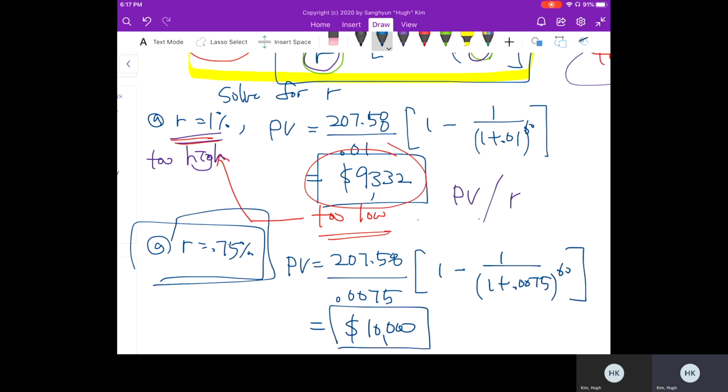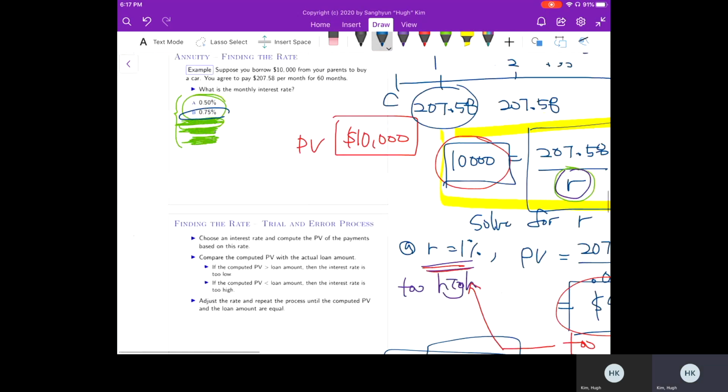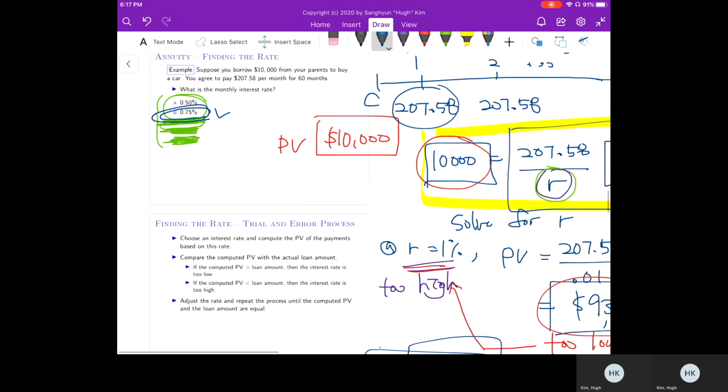So my guess is correct, since that is equal to this. So the monthly interest rate is 0.75%.